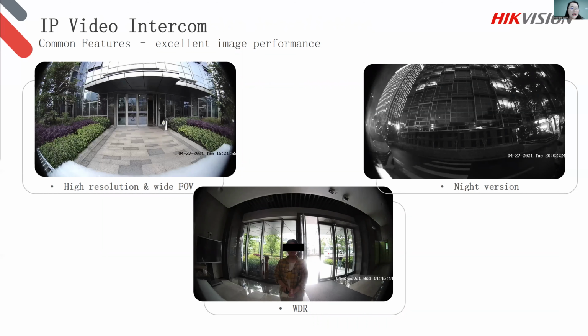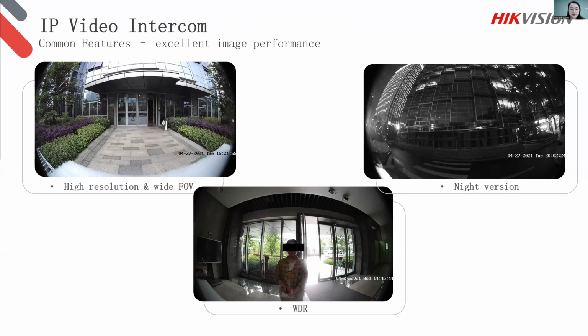Okay. For the IP video intercom door station, we have these common features. The FOV is so wide with a high resolution, and we also support WDR, and the night vision is very clear.